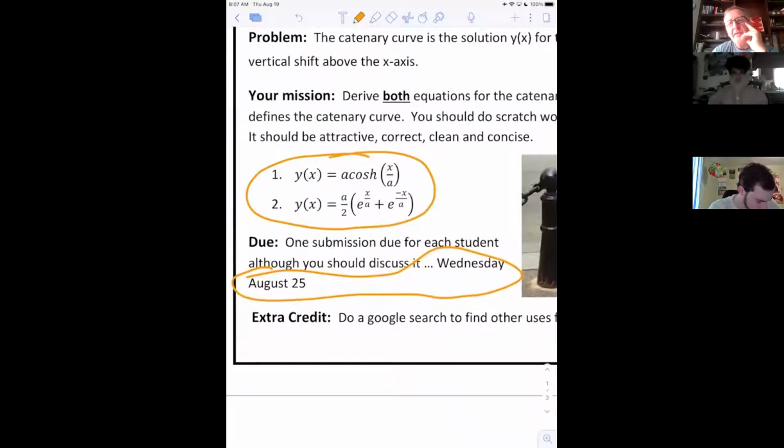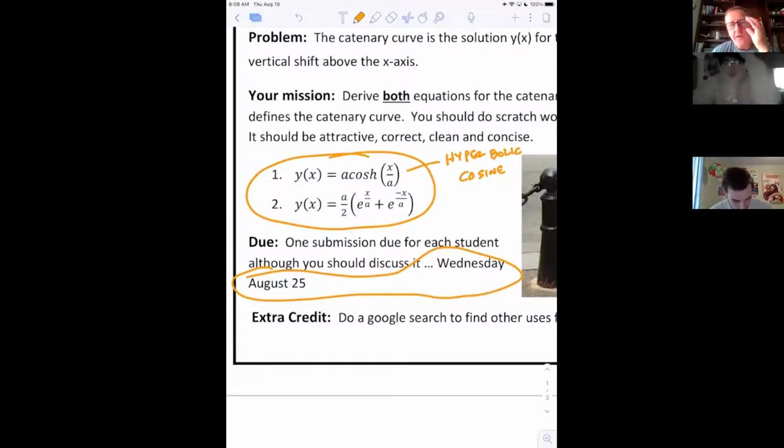The project is ultimately, can you derive those? Notice the top one has that H in it, which means hyperbolic cosine. It's a brand new function related to cosine, but not cosine. And that's on your Laplace transform sheet.